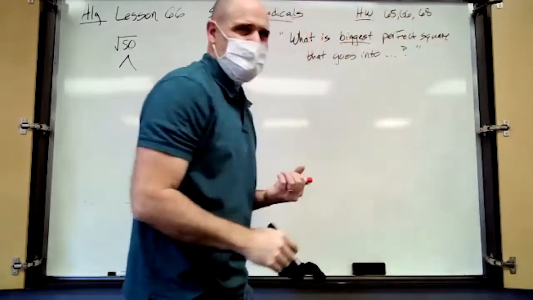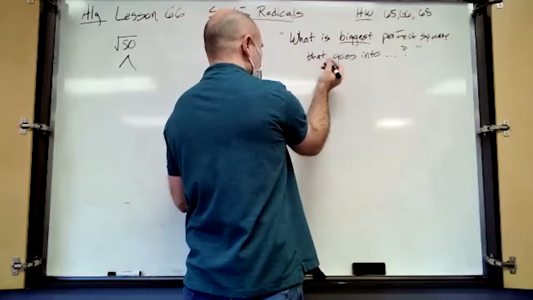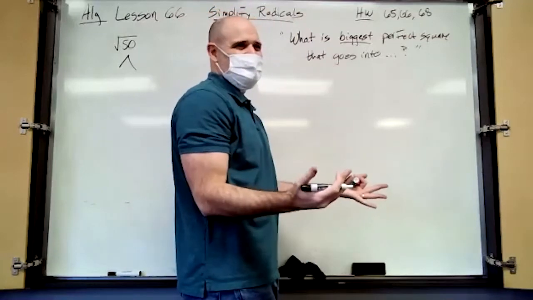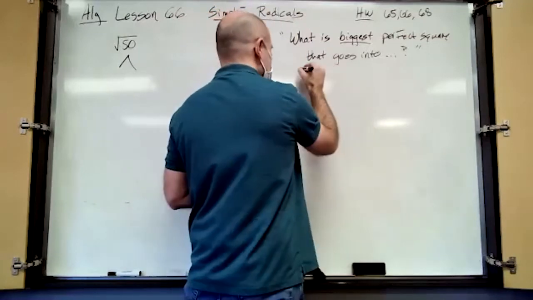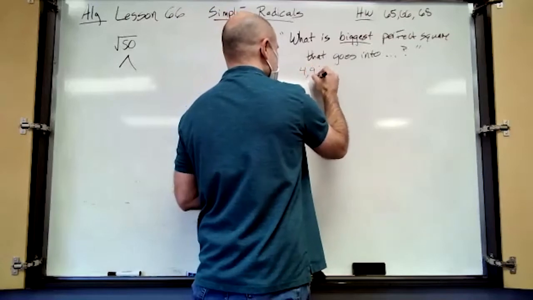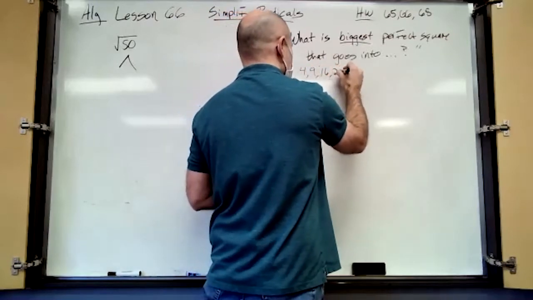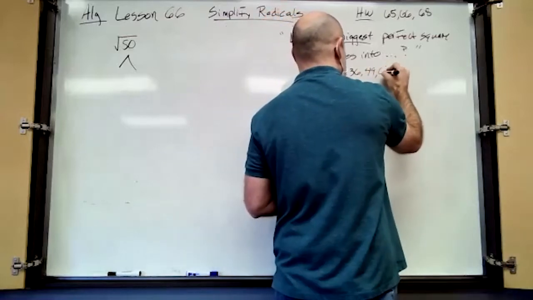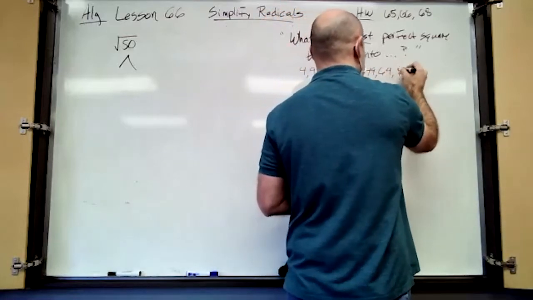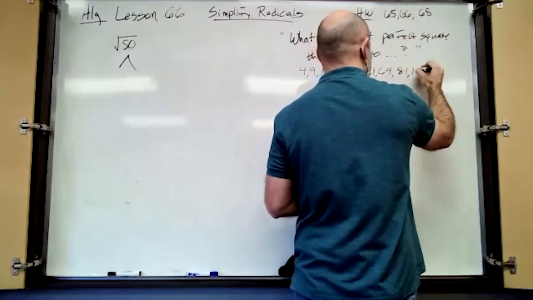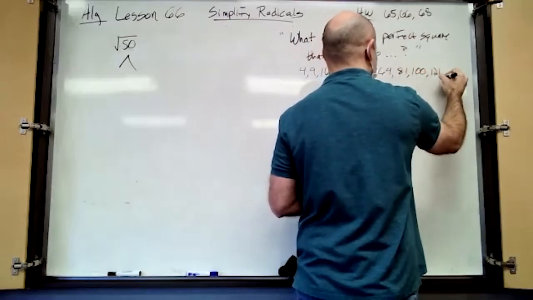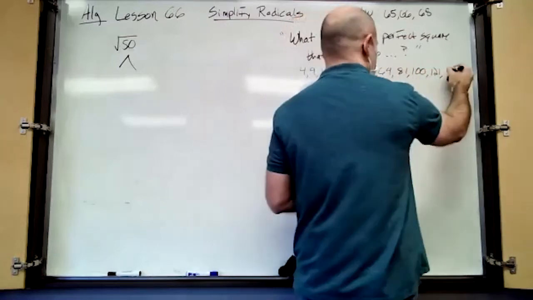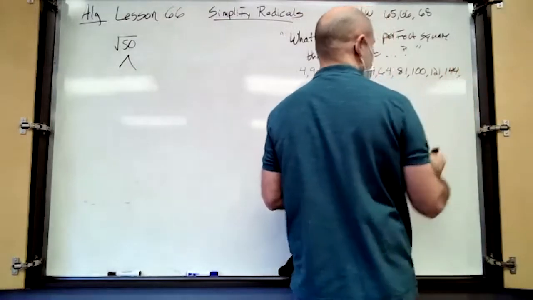Okay, so what are some perfect squares? Well, 1 doesn't count, because when you take 1 out of something, it doesn't change it. So we're going to start with 4, 9, 16, 25, 36, 49, 64, 81, 100, 121, 144, and it keeps going, right?